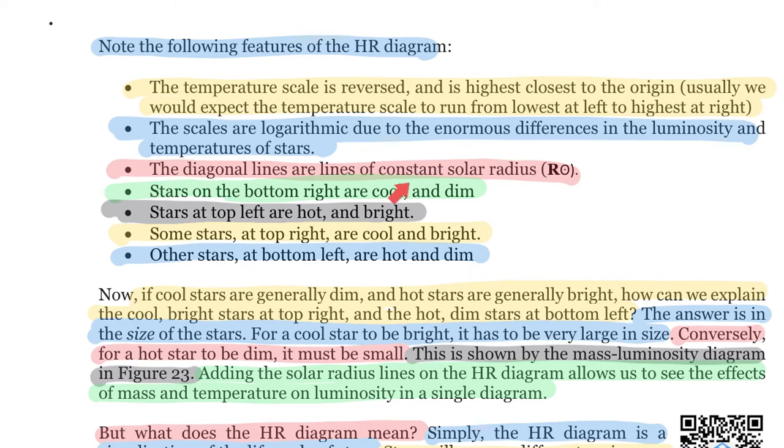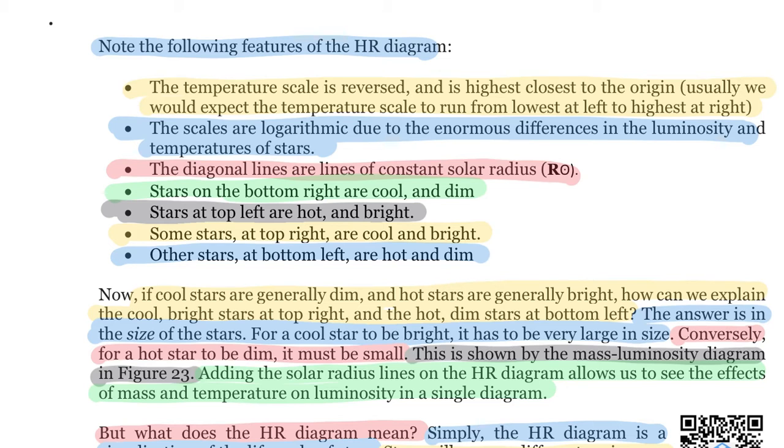The diagonal lines are lines of constant solar radius, as we've spoken about. Stars on the bottom right are cool and dim. Stars at the top left are hot and bright. Some stars at the top right are cool and bright. Those are your red giants, orange giants. And other stars at the bottom left are hot and dim, your white dwarfs.